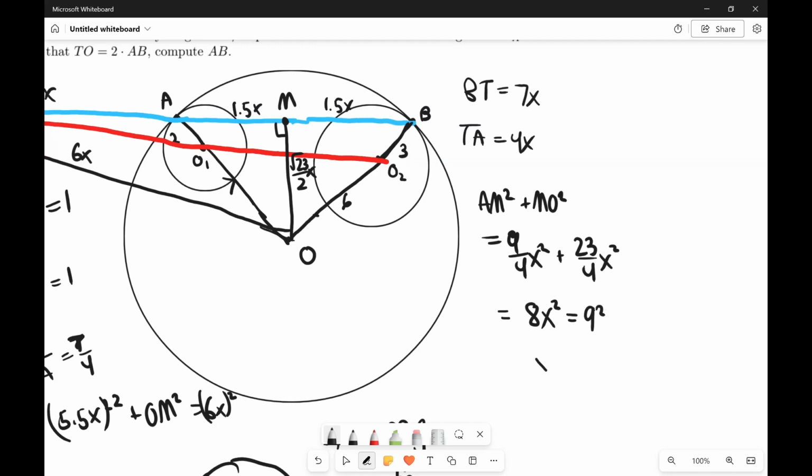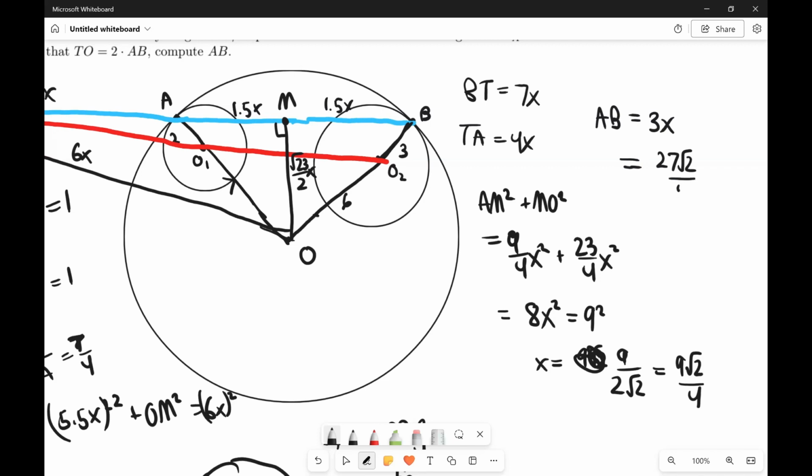And therefore, x is equal to 9 divided by 2 root 2, and this is equal to 9 root 2 over 4. And finally, we have that AB is equal to 3x, which is 3 times 9 root 2 over 4, which gives our final answer 27 root 2 over 4.